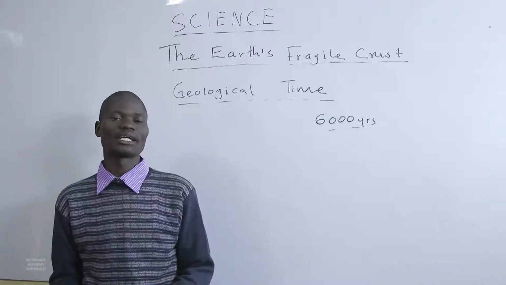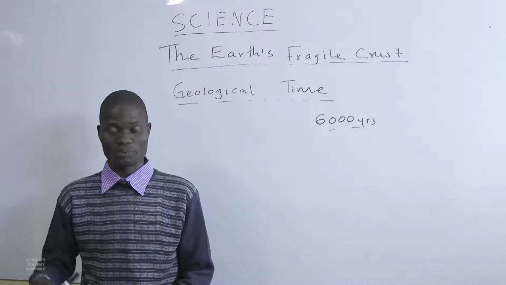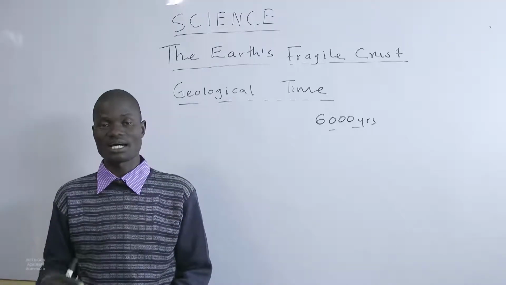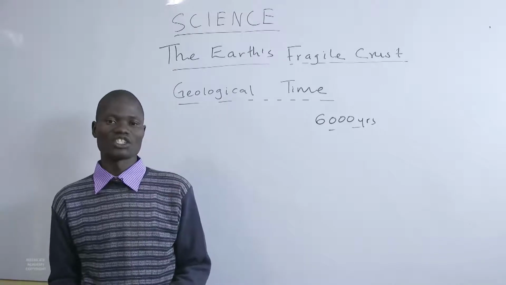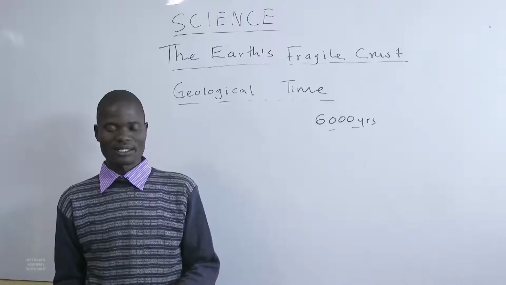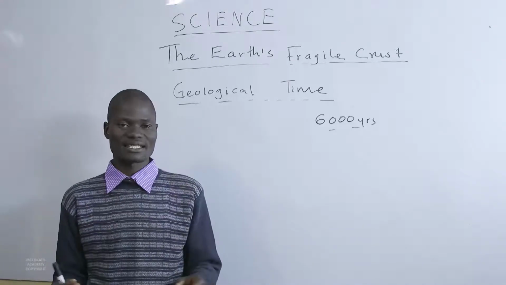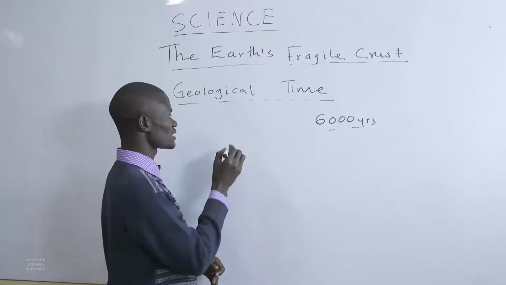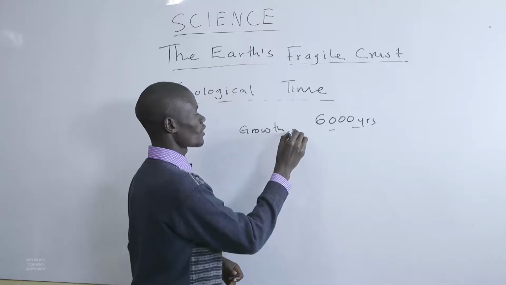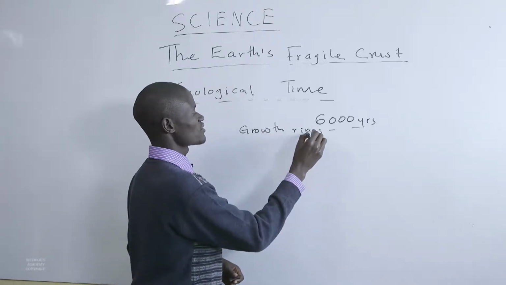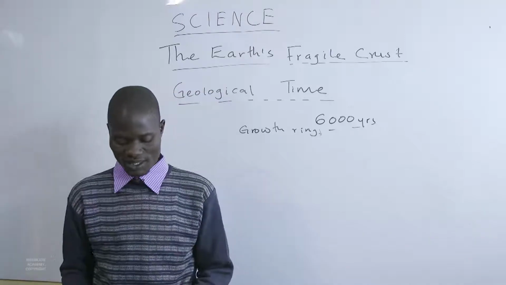When you look at big trees, especially grown-up trees that have been surviving for a longer period, around 50 to 100 years, there is a growth ring. When you look at those trees very carefully, there are growth rings around the tree.